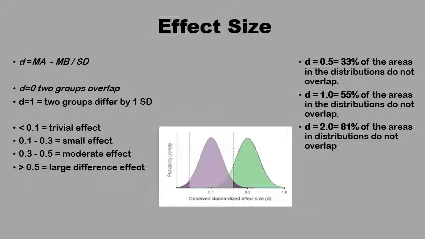There are several ways of measuring the effect size, including, for example, the difference between the means of the two groups divided by a certain standard deviation, a combined standard deviation of the two groups. And there is also a way of measuring how much overlap there is between the two groups.